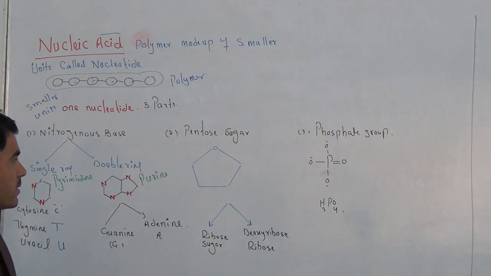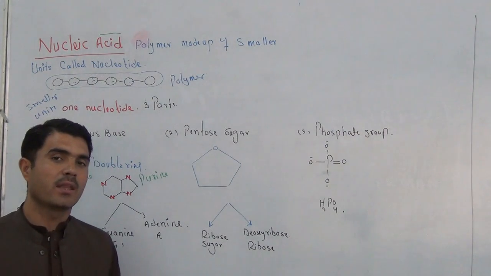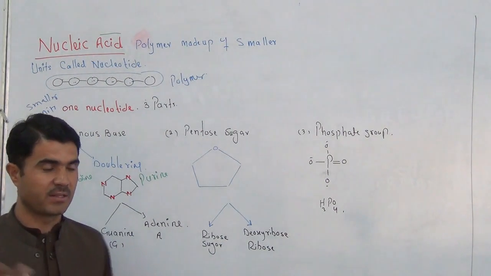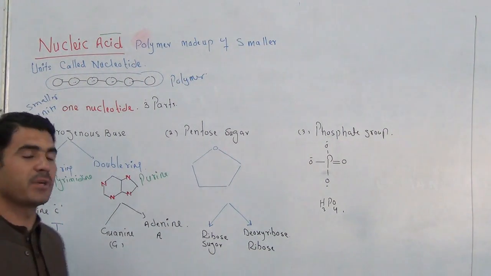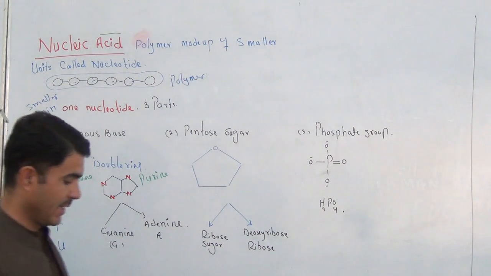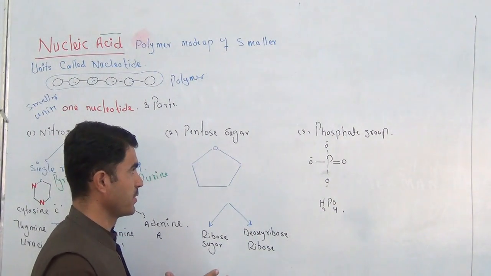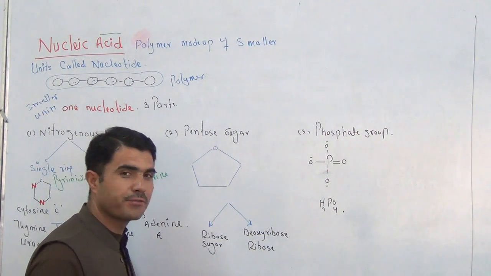Now, this was the first part of just one nucleotide. As I told you, one nucleotide consists of 3 parts. The first part is finished here, and the second part is pentose sugar. A pentose sugar consists of 5 carbon, and there are 5 corners.